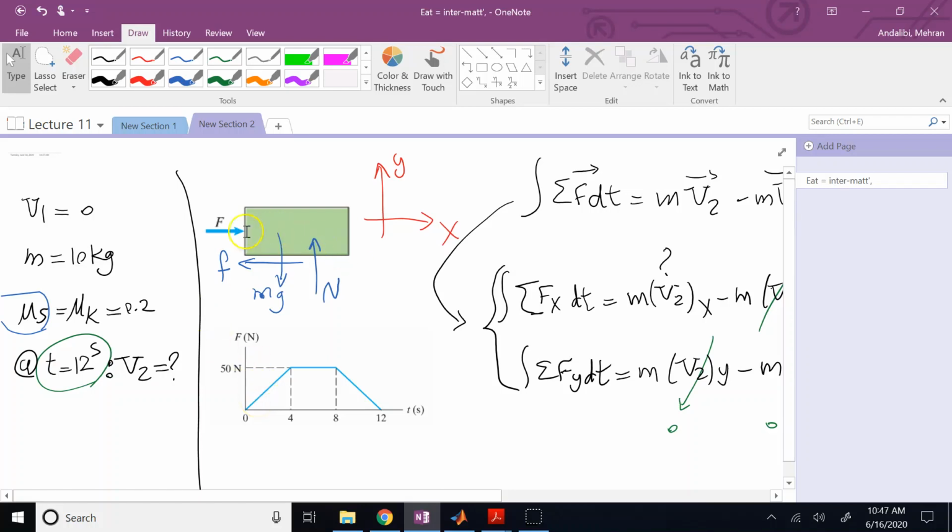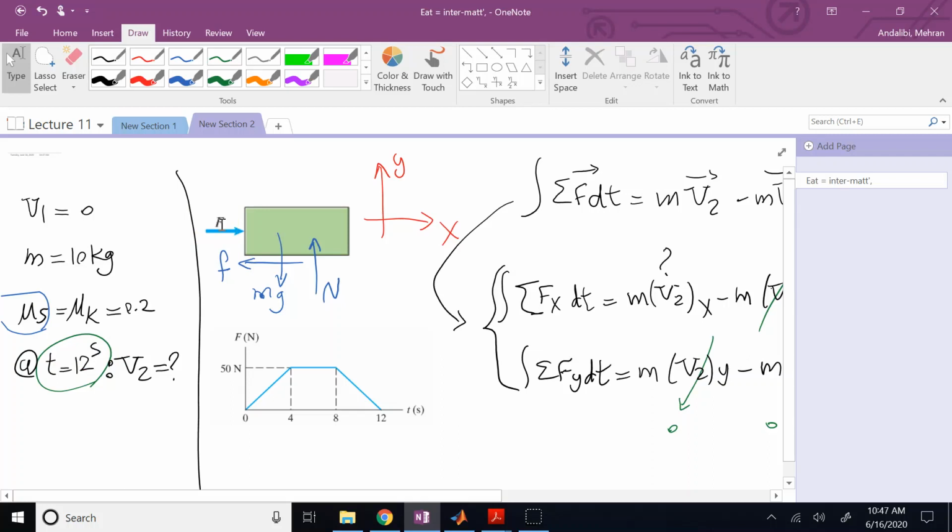Is that enough to start the motion? How do I know? Well, I have to compare it against what? The max friction, because we know the mechanism of friction. The friction will keep growing and opposing the applied force until what?